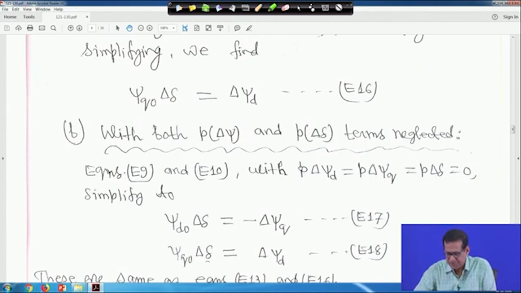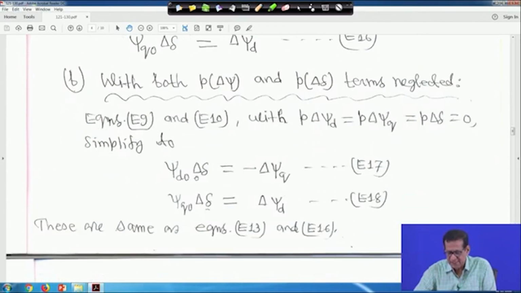If we do so, you will get psi d0 delta delta is equal to minus delta psi q, and psi q0 delta delta is equal to delta psi d. This is E17, this is E18, and these two equations are the same as E13 and E16.